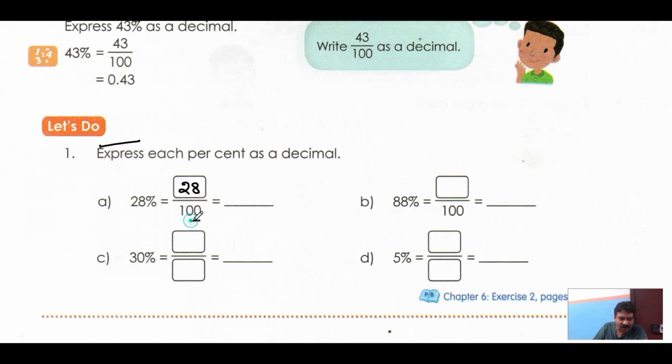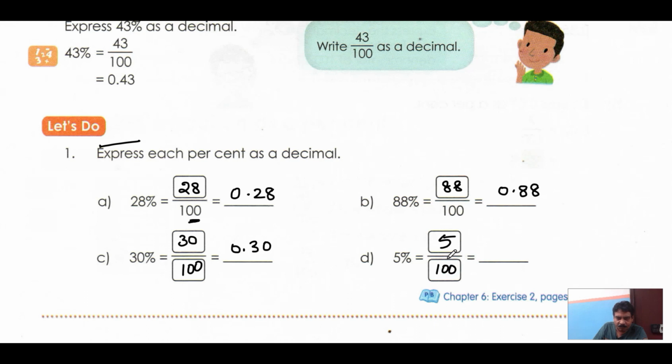So here in the denominator you have 2 zeros, so keep the decimal before 2 digits, that is 28. Now keep 0 here, it becomes 0.28. In the same way, 88% means 0.88. In the same way, 30% means what? 30 out of 100, right? It becomes 0.30.